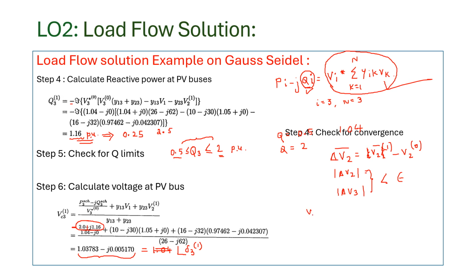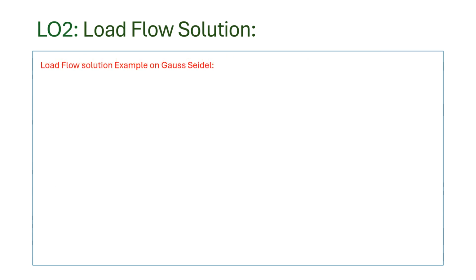Then we calculate the voltage at the PQ bus for the second iteration, and the phase angle at the PV bus for the second iteration, and the procedure repeats. Suppose we assume that the convergence criterion has been met, then we proceed with the load flow solution.